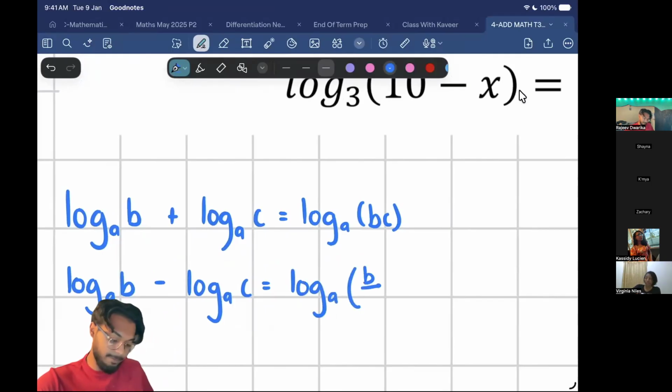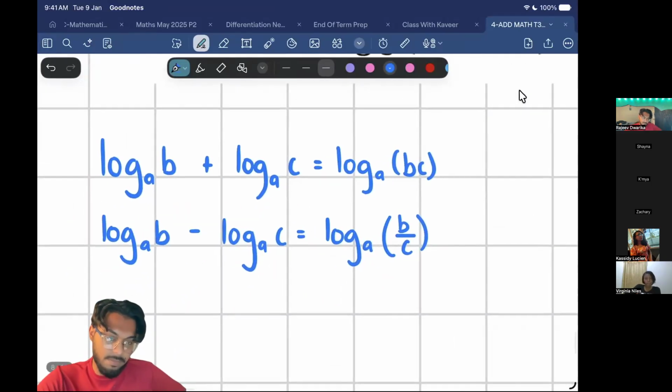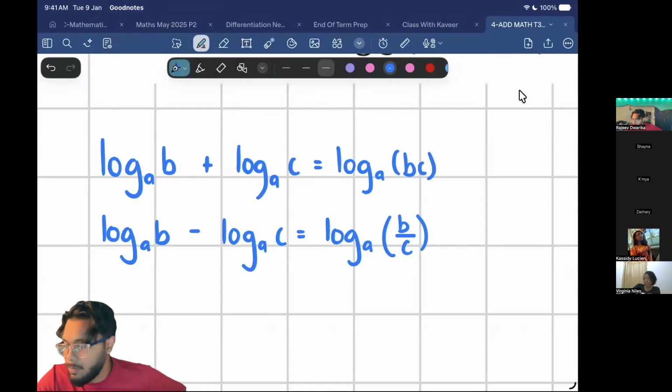And what do you call that? What's the opposite of a product? So it's a quotient.